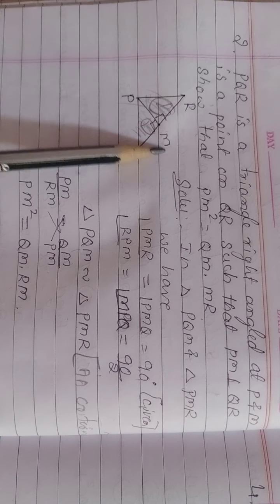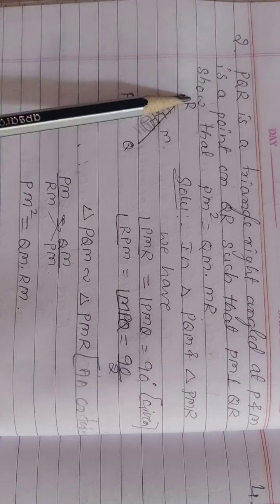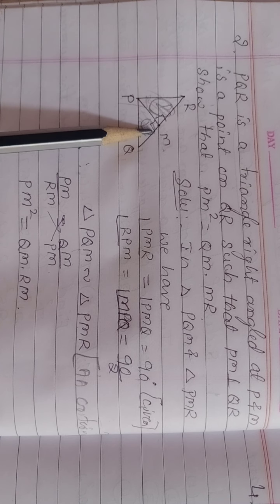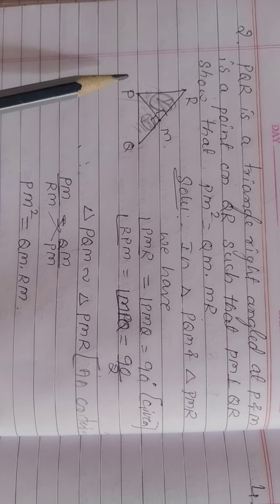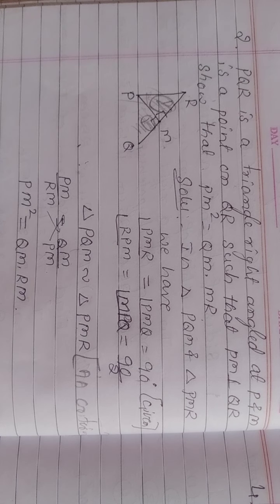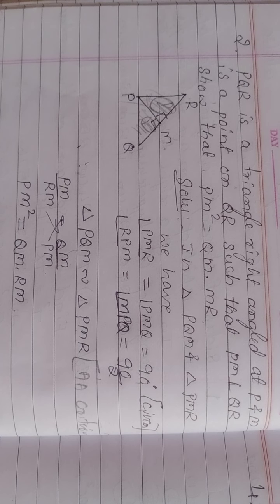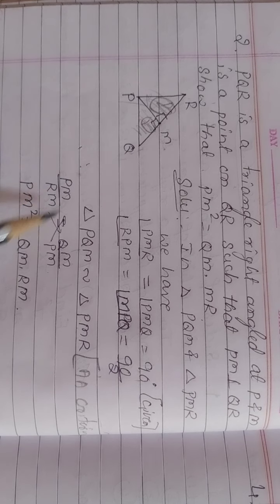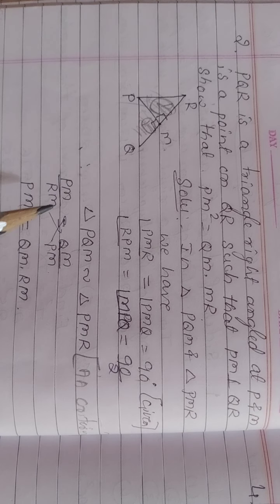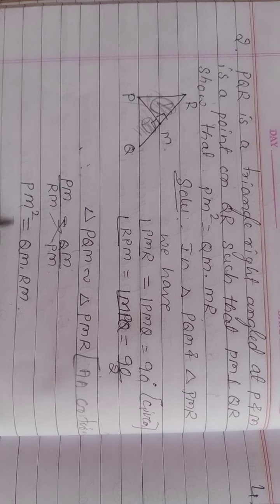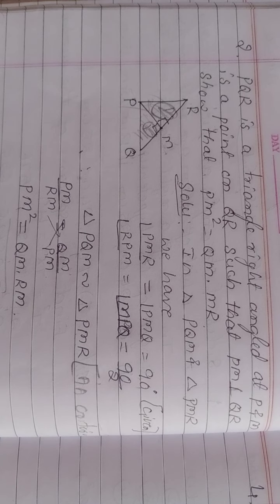For PM, you can go with the RM. For QM, you should go with the PM only. Cross multiply: PM into PM, PM square, and QM into RM is this. So we got the proof.